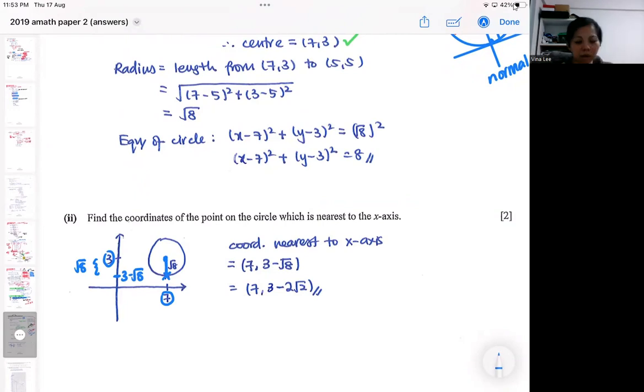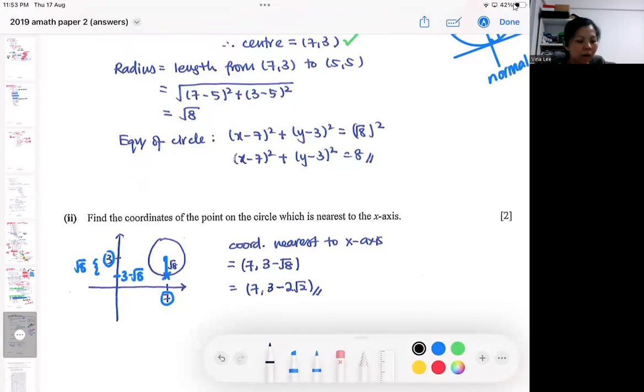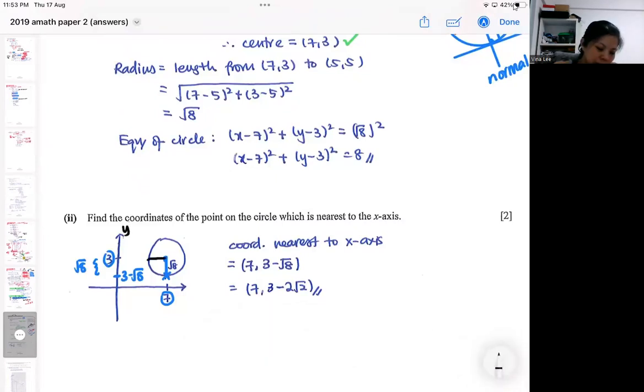Similarly, they can also ask you for the point that is nearest to the y-axis. If it's nearest to the y-axis, then it should be this point. The radius is also √8, so this coordinate will be 7 minus √8, and this point will be (7 − √8, 3).